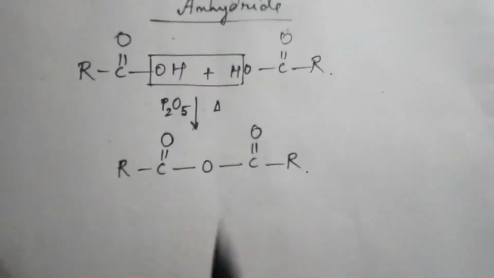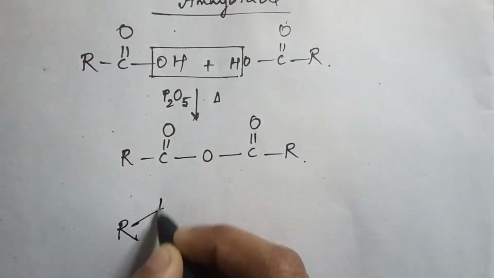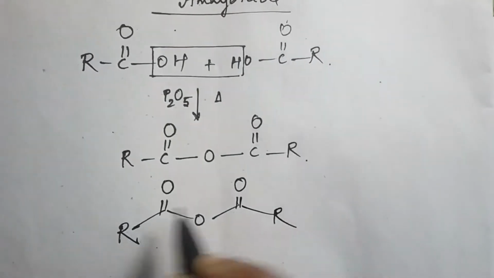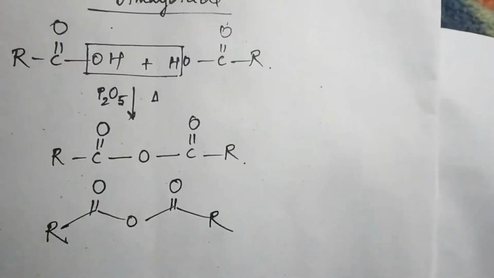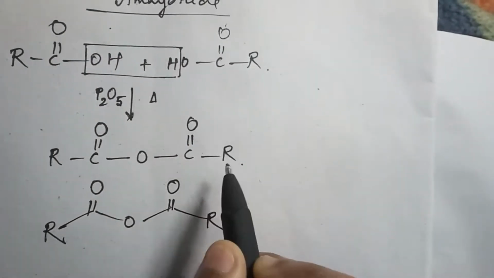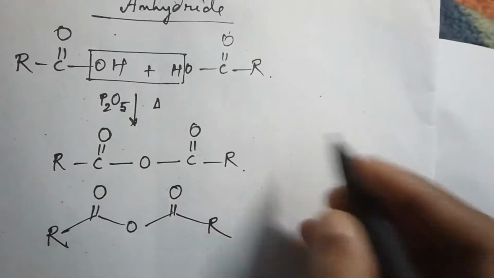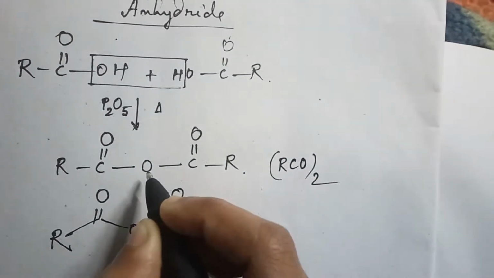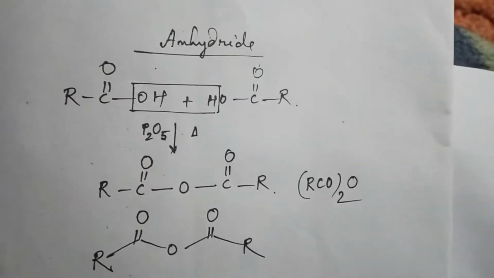So we can also write this compound as RC=O, O, C=O, R. Or else we also can write, two RCO groups are present, so we can write (RCO)2O. Okay, so this is anhydride.